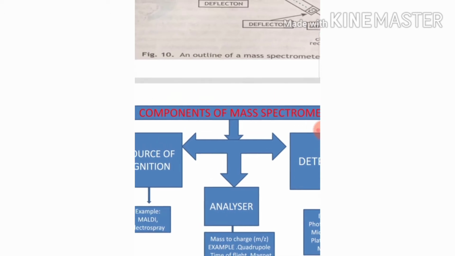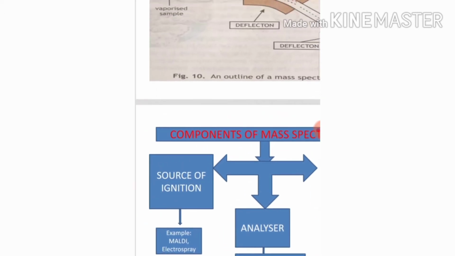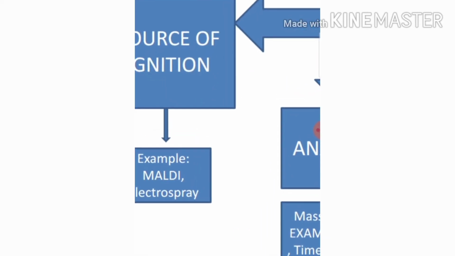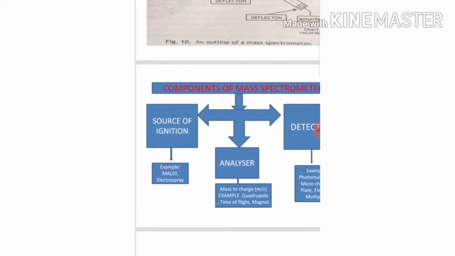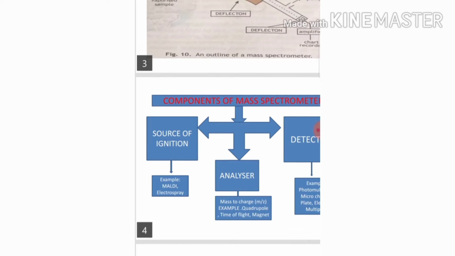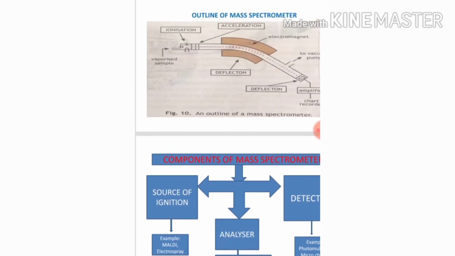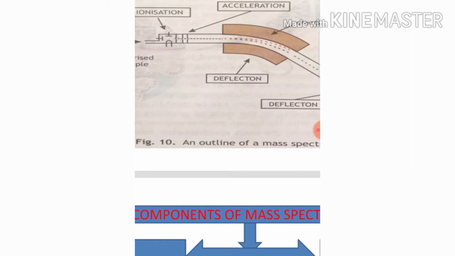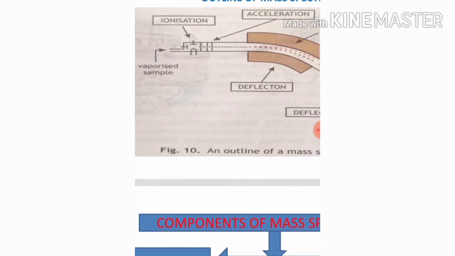After ionization with techniques like MALDI and electrospray, we put the vaporized ionic form sample inside the tube of the mass spectrometer.